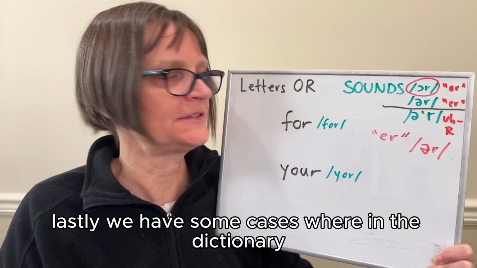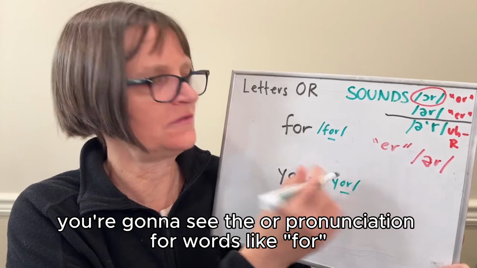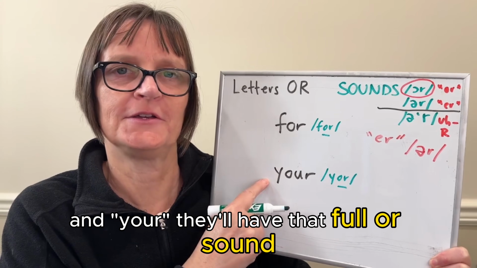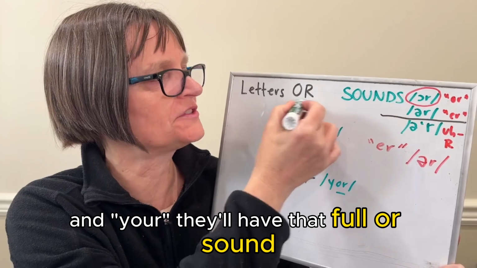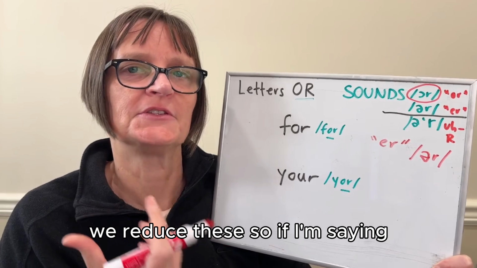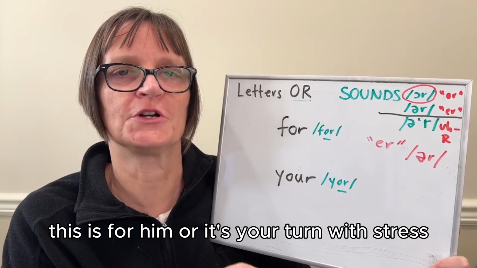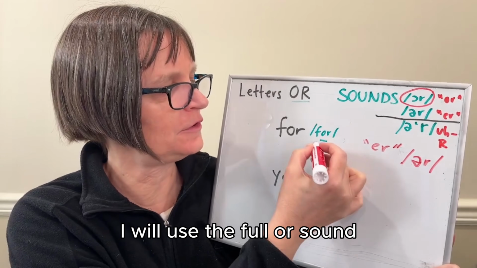Lastly, we have some cases where in the dictionary you're going to see the or pronunciation for words like for and your. They'll have that full or sound. But in reality, in fluent speaking, we reduce these. So if I'm saying this is for him or it's your turn with stress, I will use the full or sound.